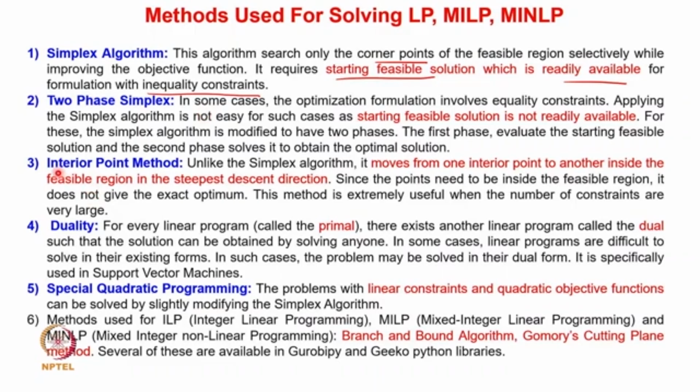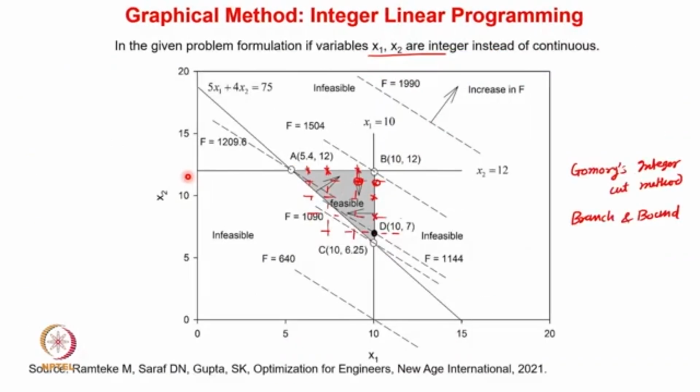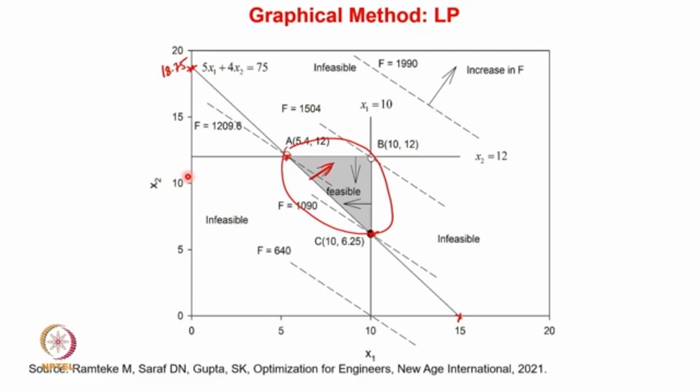Okay. The interior point method, unlike the simplex method which moves from one corner point to another corner point, starts with any point in the interior, and then we move along the direction of the gradient, and the gradient descent direction is used for finding the optimum solution.